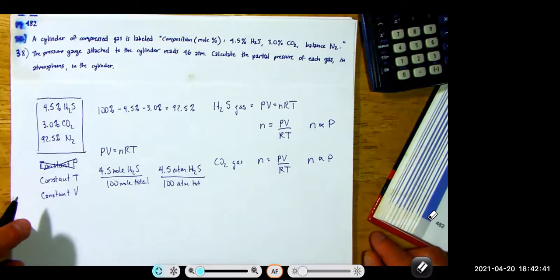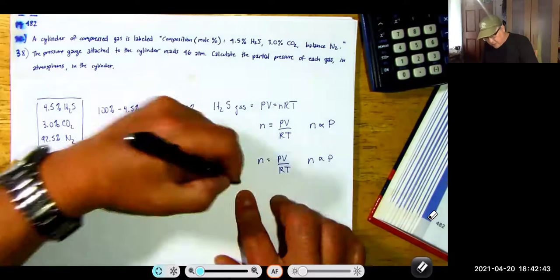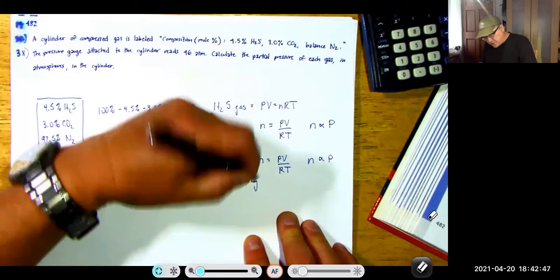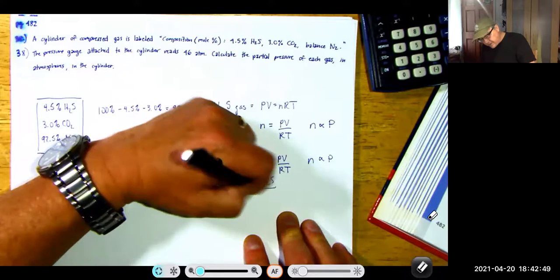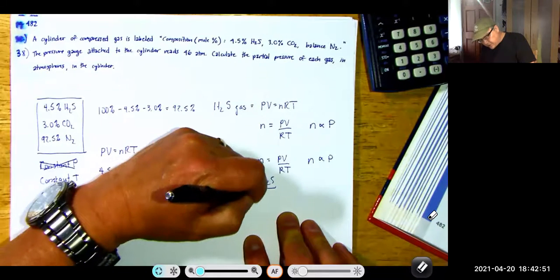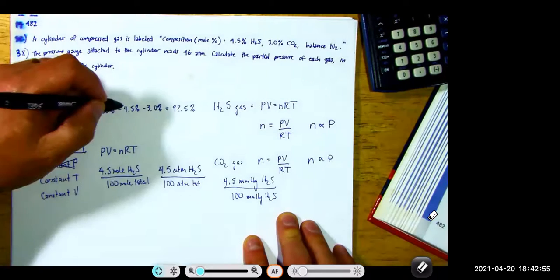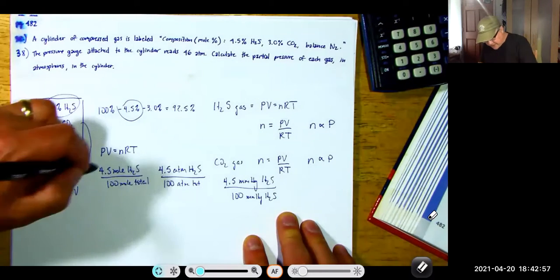Okay. What's the other thing it could mean? It could mean 4.5 millimeters of mercury of H2S per 100 millimeters of mercury total. Okay. So from this 4.5%, we get these three things.